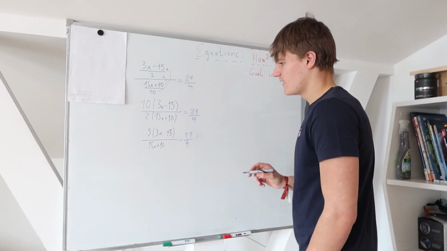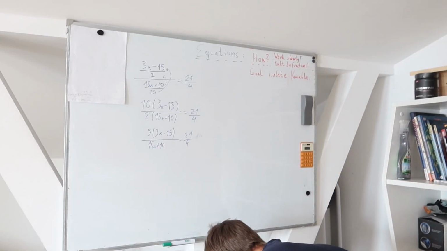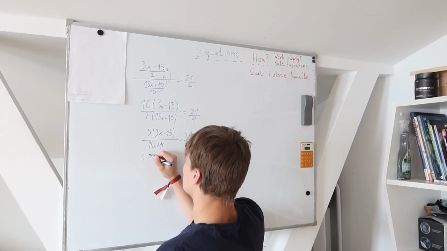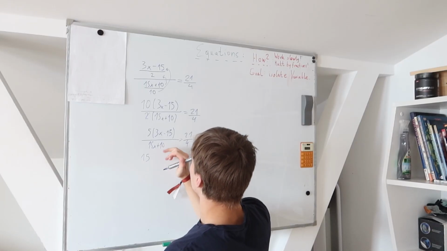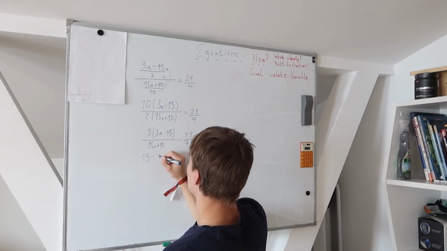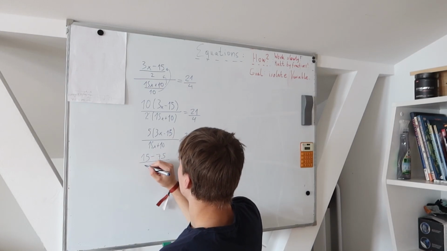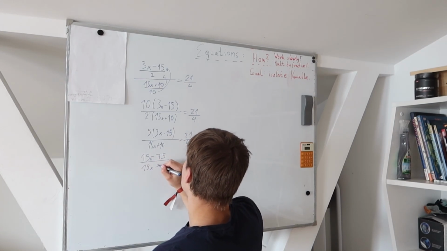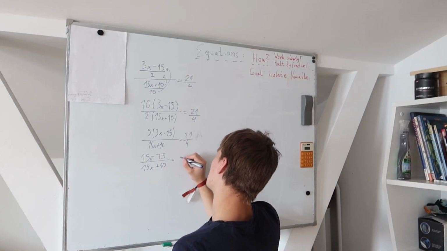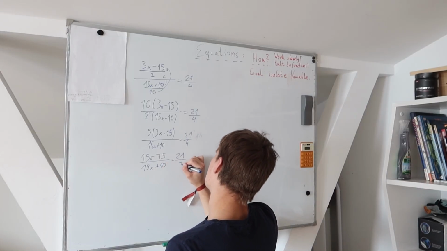Great. Now let's actually do some math here. So we get 5 times 3 is just 15. We have minus 75 over 15x plus 10. Good. Is equal to 21 over 4.